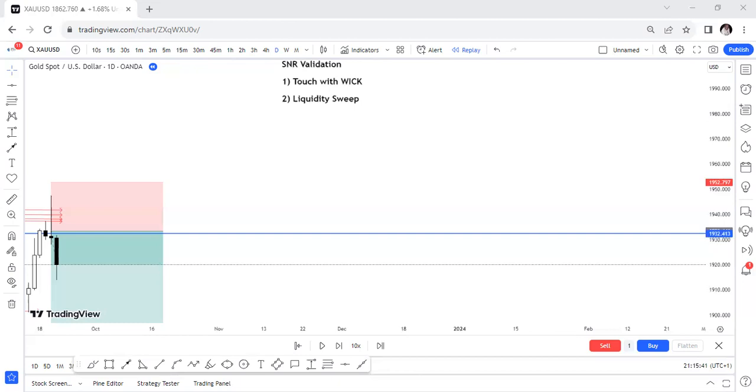Yeah, when you see two or more witnesses supporting a particular thing, that means it has been established. A fact has been established. So it is now real. So here you have not only just a wick rejection at the level of SNR, you have a liquidity sweep. So when you get a liquidity sweep, you can be very confident that the trade will move in the direction of that candlestick.